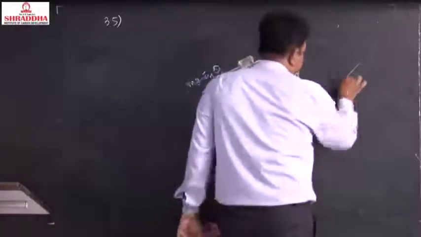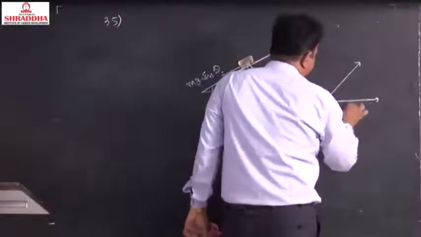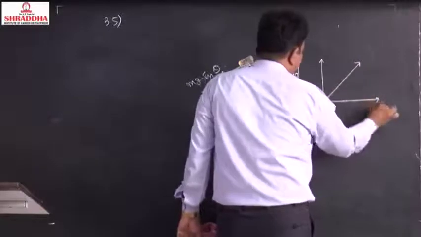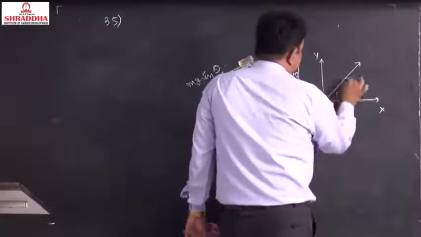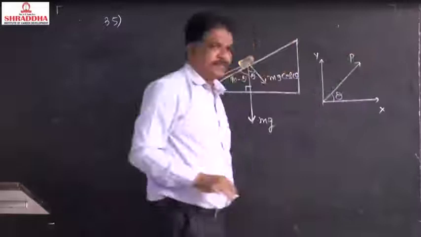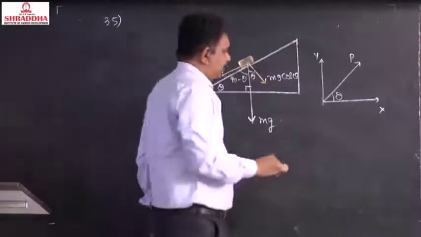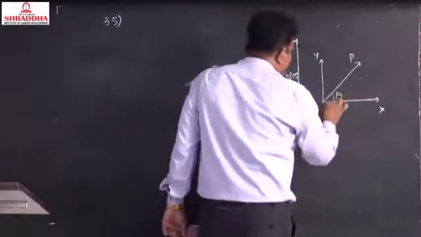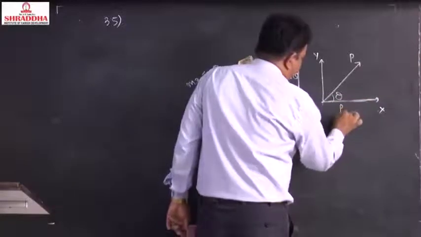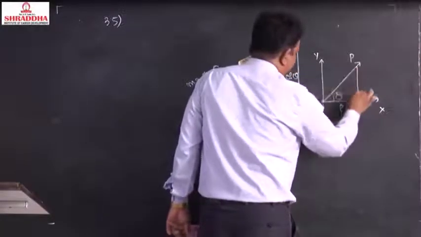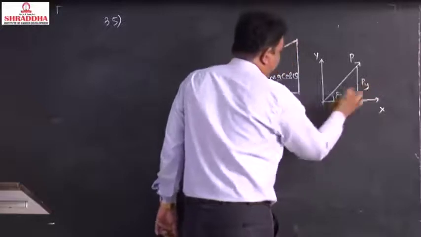Let us see like this. This is a vector, this is one axis, this is another axis. If it is P, this value will be Px and this value will be Py.